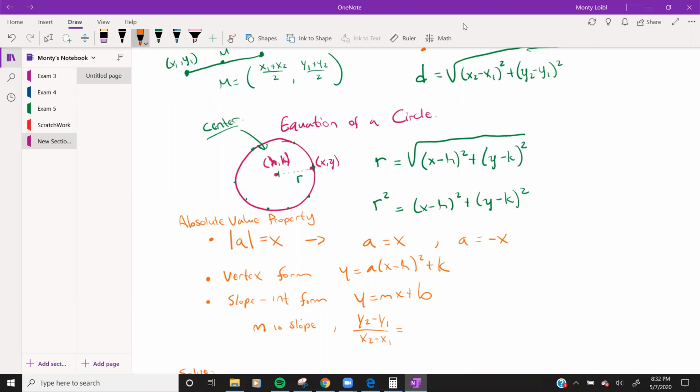Again, you won't use this per se on the problem on the final exam review, but it's still important. Slope is telling you rise over run, so it tells you how far you're going to go up or down, or left or right. And b is the y-intercept.